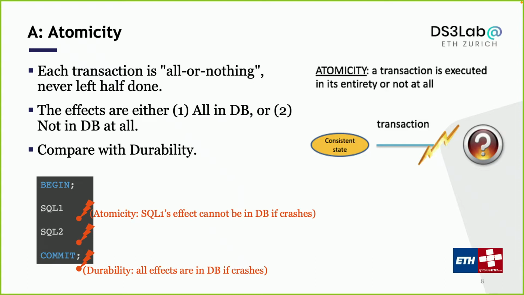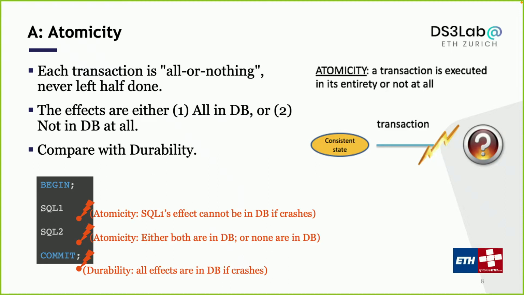And the second thing is, what if something happened here? That is, you run SQL 2, and you also issue commit, and the system knows that you issued commit, but just before the system tells you it committed, the system crashed. In that case, when you recover, you can actually see two states, and both are okay.